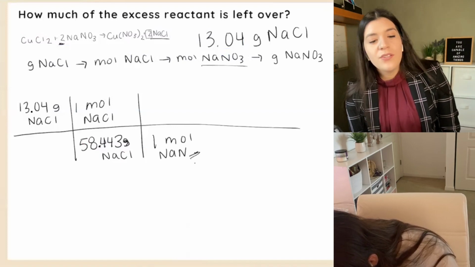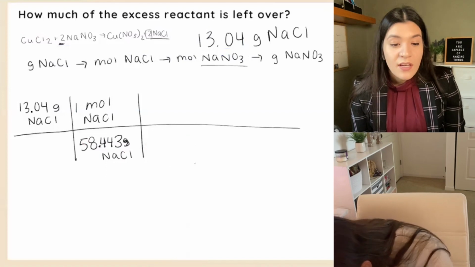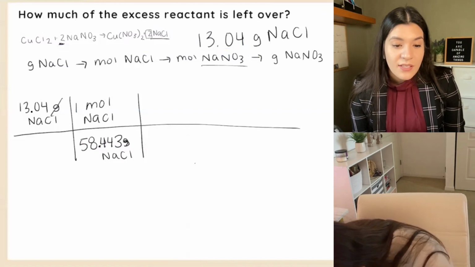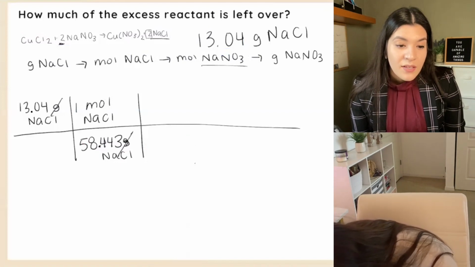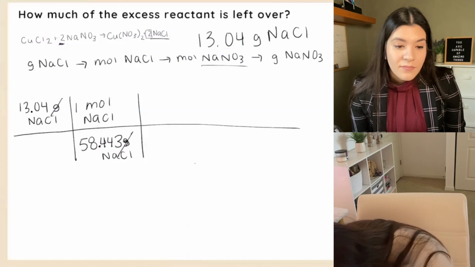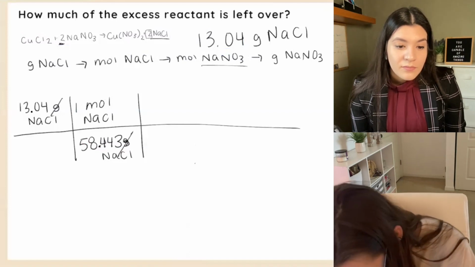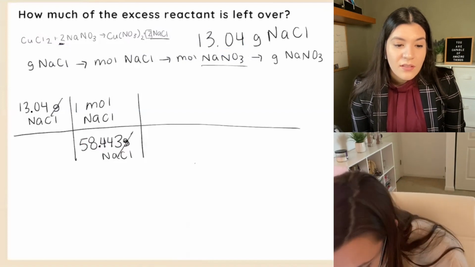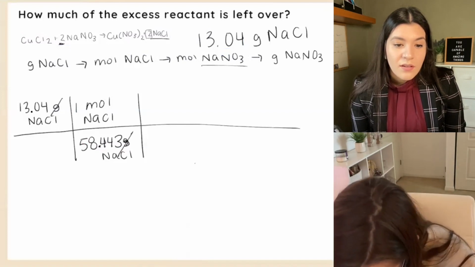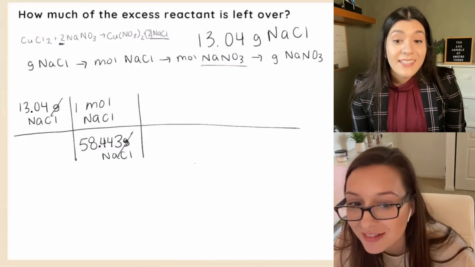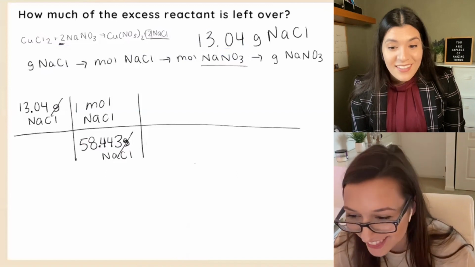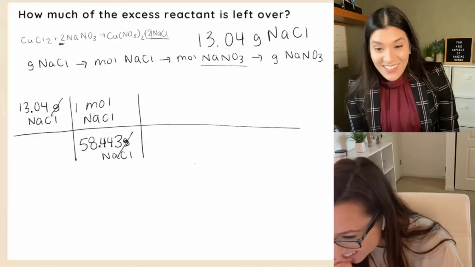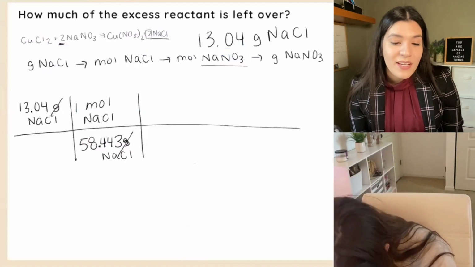What I want you to get used to doing is canceling out the units already to help you get to the next one, because I think that's what's tripping us up. Yeah. Okay. There you go. So what should be on the bottom? Moles of what? I guess the NaCl. Exactly. Because that's the only option, right? That's all we have to cancel. So yeah, moles of NaCl is on the bottom.